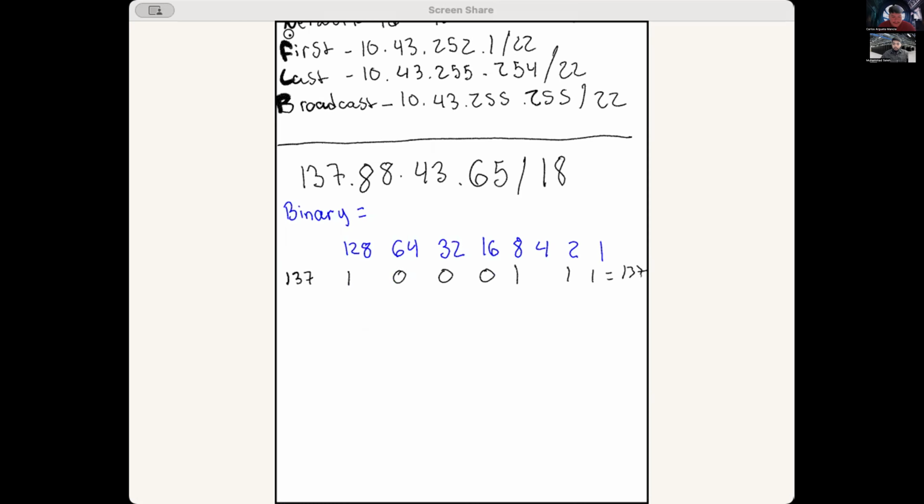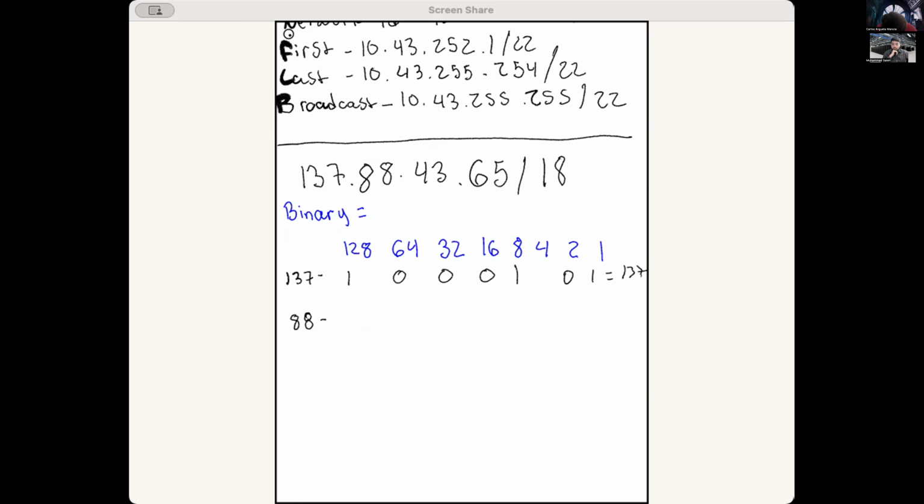Then the next one is 88. Actually, I think that is wrong. You don't need the bit for 2 there. Yes, you're correct, because 128 plus 8 is 136 plus 1. Sorry, I was thinking of 139. Great, thank you. Good find.